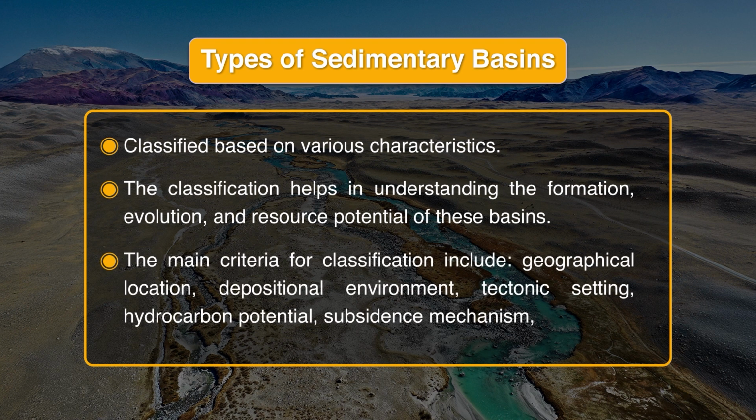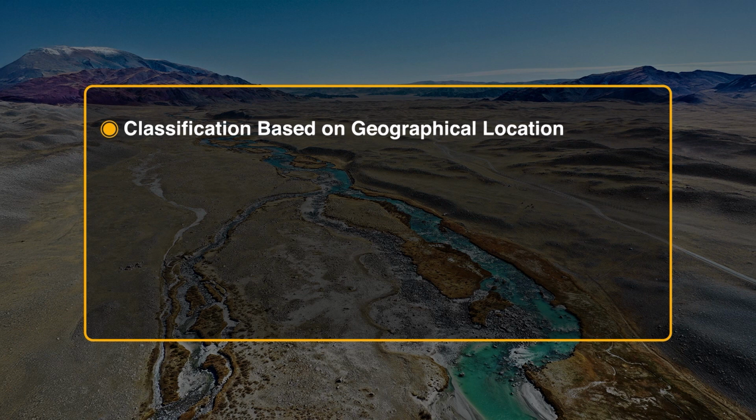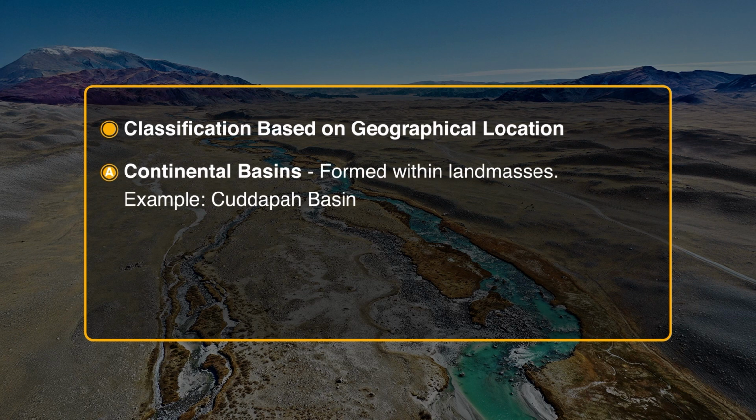The main criteria on the basis of which the classification is done include geographical location, depositional environment, tectonic setting, hydrocarbon potential and also subsidence mechanism. So, let us learn this one by one. Based on the geographical location, it can be classified as a continental basin that forms within the land masses.